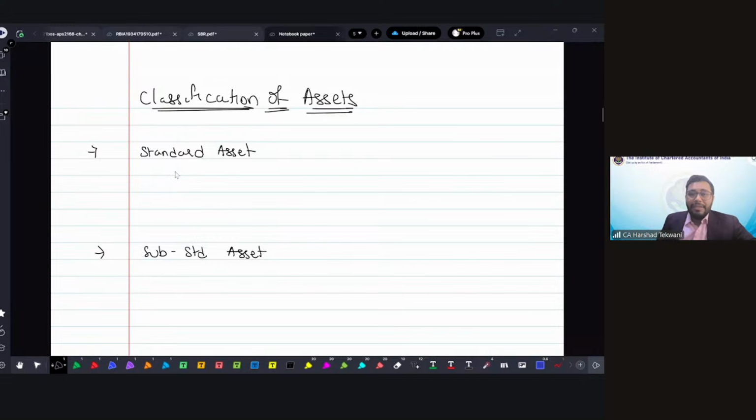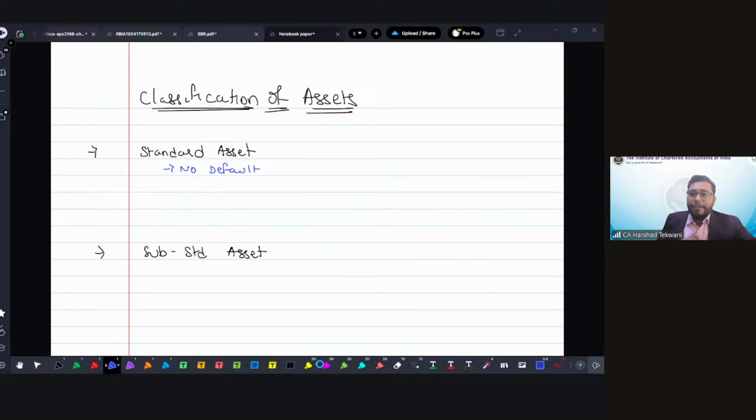Now, first we will understand classification from the point of view of the base layer. Standard asset means there is no default, nothing. There is no default on any of the asset. That's a standard asset. Now coming to the substandard asset.